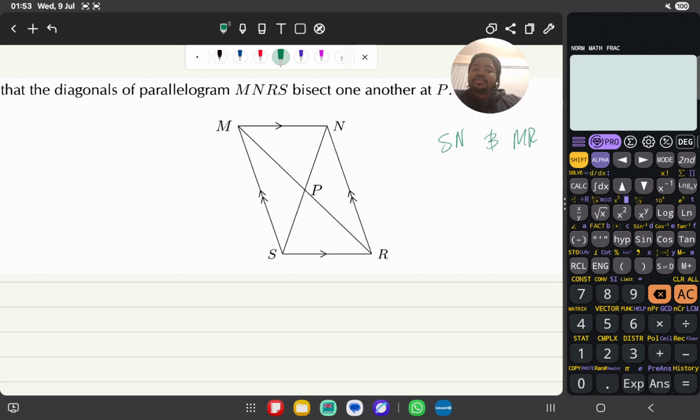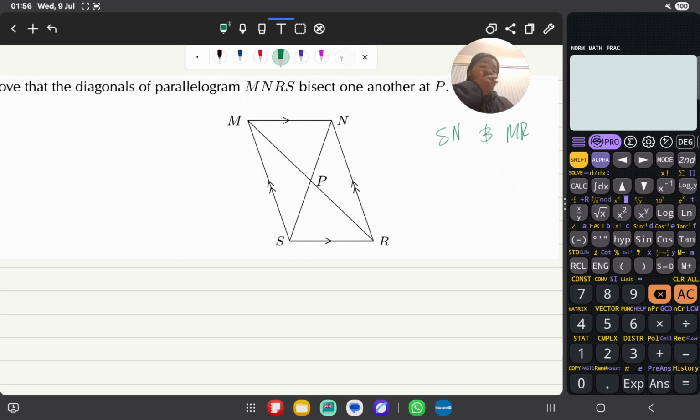I want us to take a moment, look at the quadrilateral itself, think about the properties of a parallelogram, and think about how we can prove that these diagonals bisect each other at P. Let me give you a little bit of a hint.